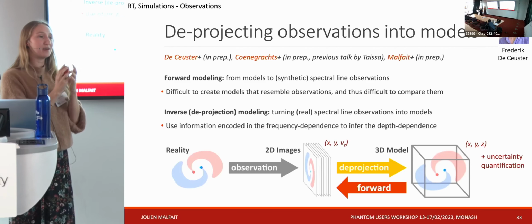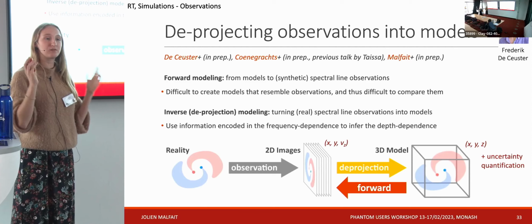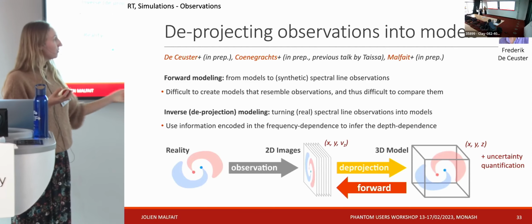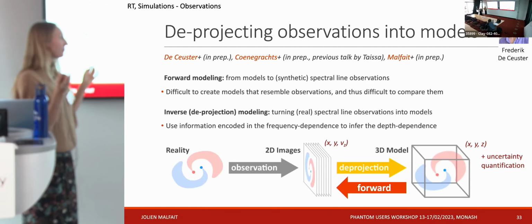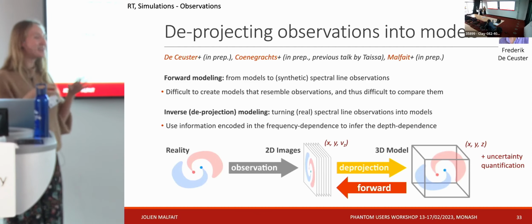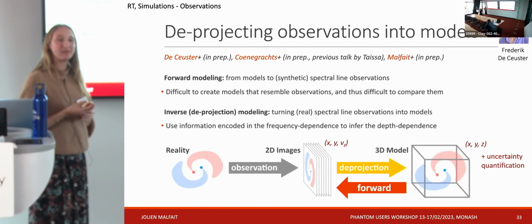So if you want to make a 3D model, we have to go from these images where we have just coordinates in 2 dimensions and a deprojected velocity to a 3D model where we have these coordinates in 3 dimensions. So there's always some ambiguity if we do that. So we also need uncertainty quantification there.